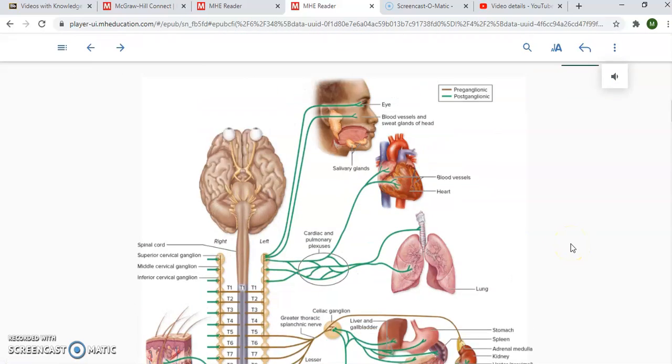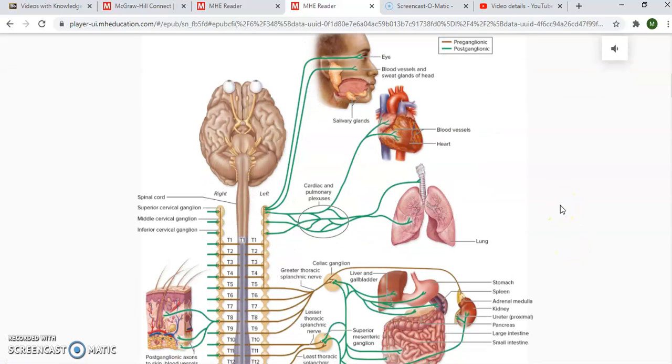So when we're looking at our motor neurons that are taking the signals from the CNS out to the various effector organs, cardiac muscle, smooth muscle, and glands, the parasympathetic has long preganglionic motor neurons and shorter postganglionic motor neurons.